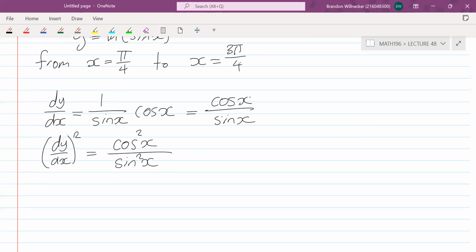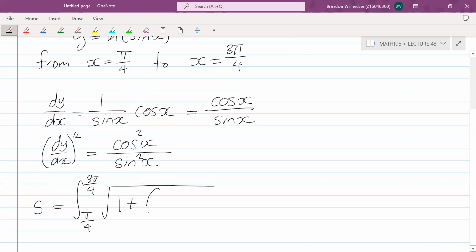Now, when we're finding the length, we need the integral. So s is equal to the integral from pi over 4 to 3 pi over 4, and then we have the square root of 1 plus dy by dx squared, dx.